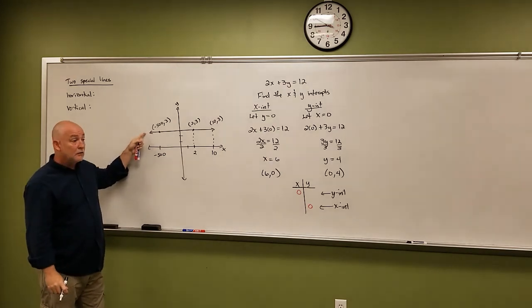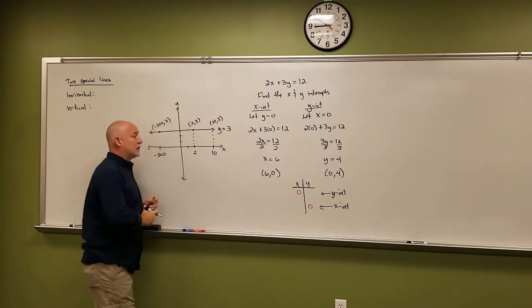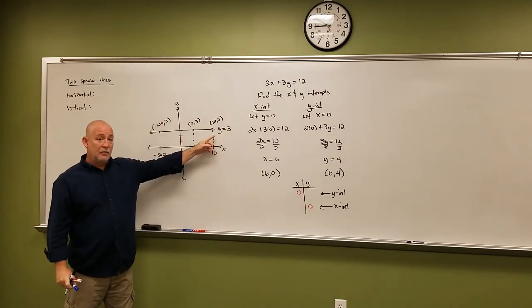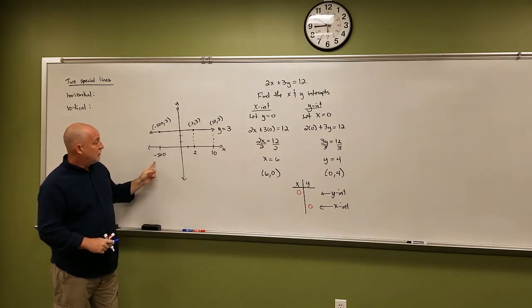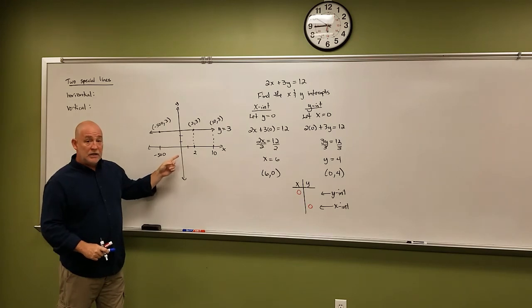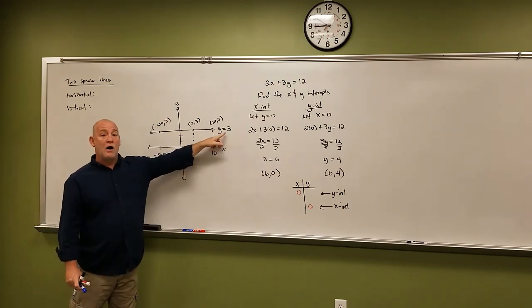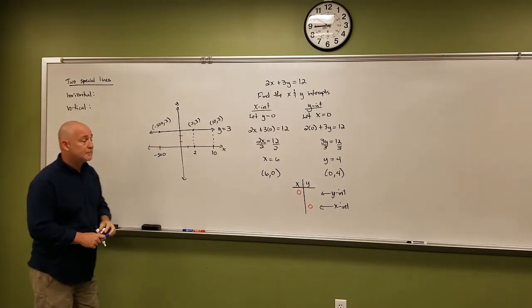On this particular line, the y value is always 3. So I don't need to have any x's to tell me what the y value is because y is constant. So since we don't need to know what x value we're at, we don't need x's in our equation. So the best way to describe this line is all the y values are 3. The x can be anything you want, the y is always 3.